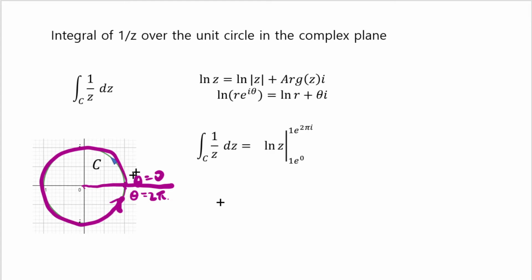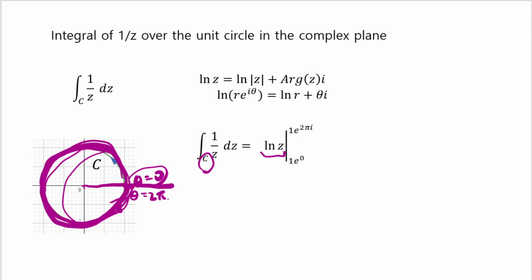But you can't do such a thing, because if you go around this path, then from the perspective of this path, the angle theta is always increasing. There are some conditions in the fundamental theorem of calculus for contour integrals that this has to be continuous. If you go all the way around and suddenly the angle drops down to 0, then you can't use the fundamental theorem of calculus. You need to allow it to go to 2 pi.